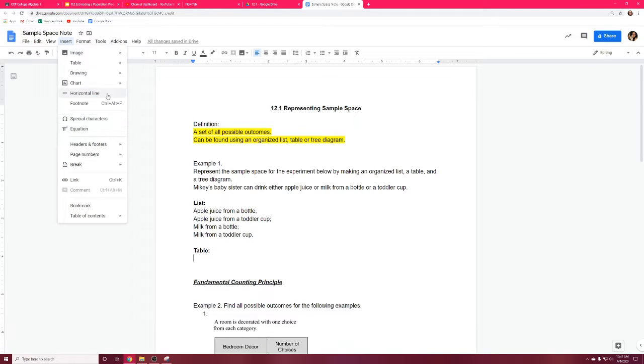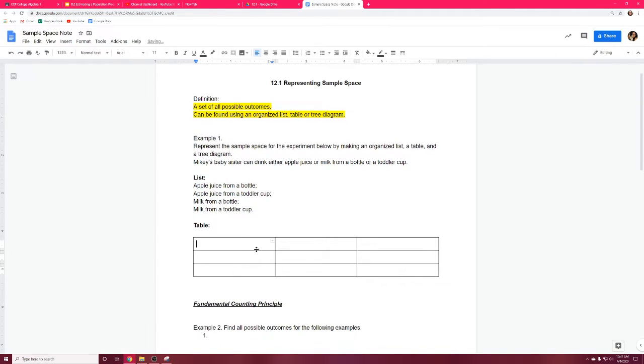For the columns, we can simply write what method he drinks from: bottle, and over here toddler cup. And for each row we can use what kind of drink the baby drinks, apple juice or milk.